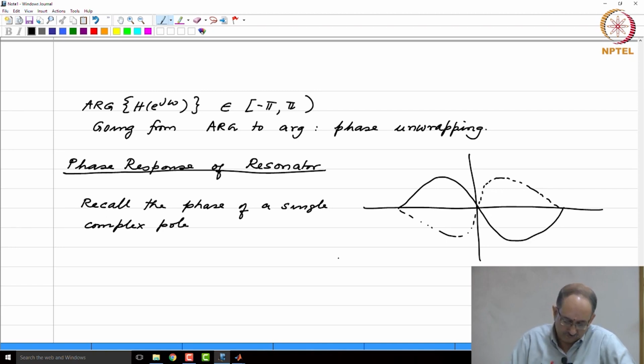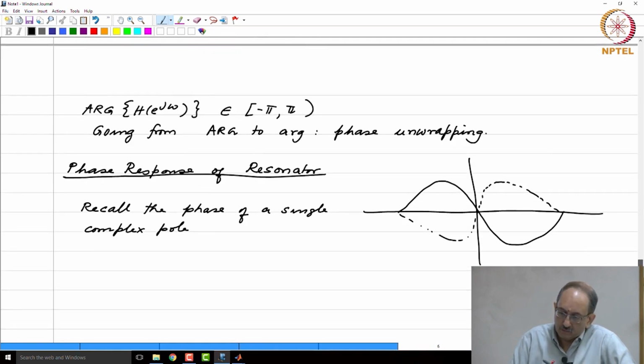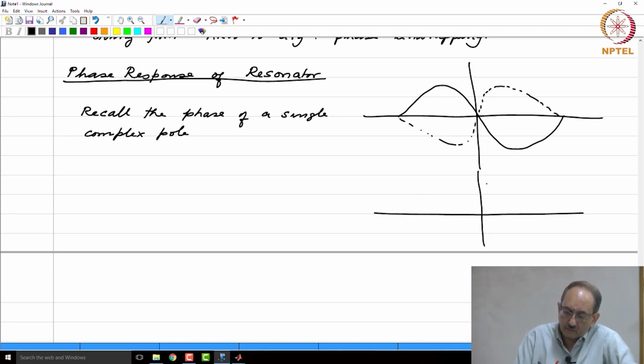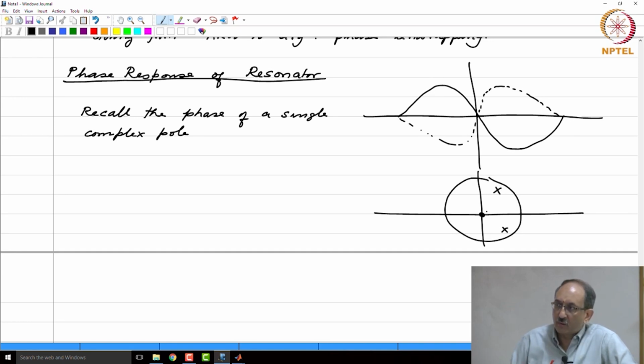And as far as a resonator goes, this is how the pole 0 plot of a simple resonator looked, if you recall.